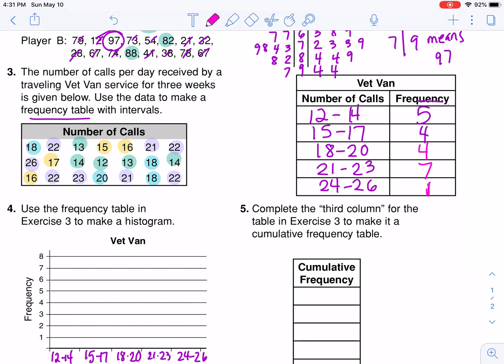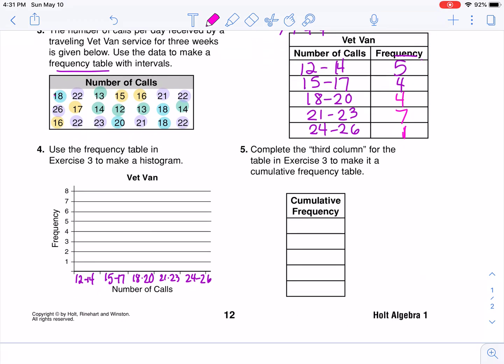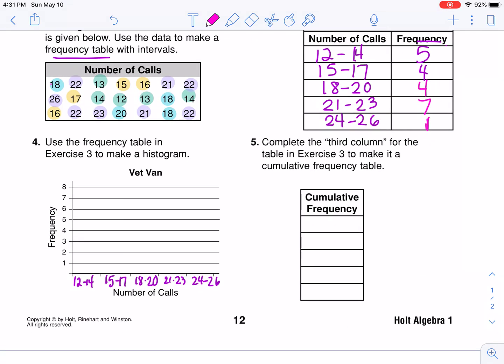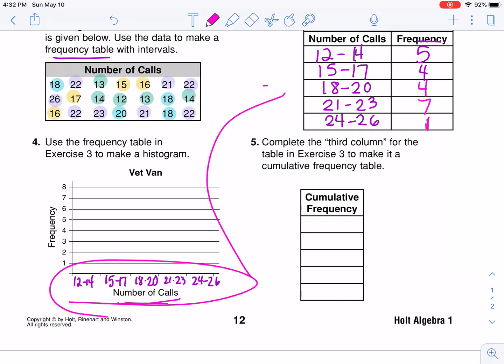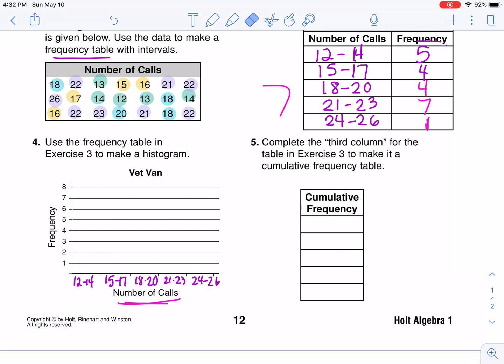Okay, so now I have my table, and I'm going to go make my histogram. So the number of calls is on my X, and notice that I have the same exact intervals that I have up there. Yours may be slightly different, but it should be the same process. Some of your numbers may be a little bit bigger if you chose bigger intervals. And frequency, again, would be just the number of times the vet van was called.